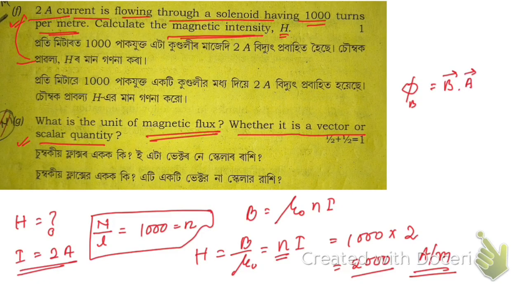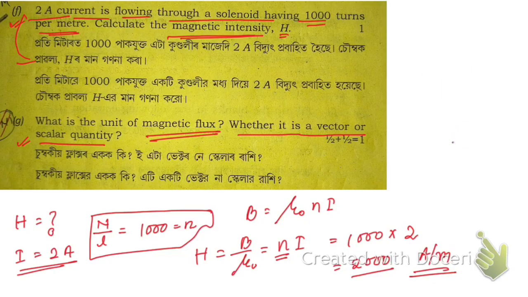So the SI unit of magnetic flux is Tesla meter square, or Weber. 1 Weber is equal to 1 Tesla meter square. As we have the dot product B dot A, this must be a scalar. The dot product of two vectors is a scalar.